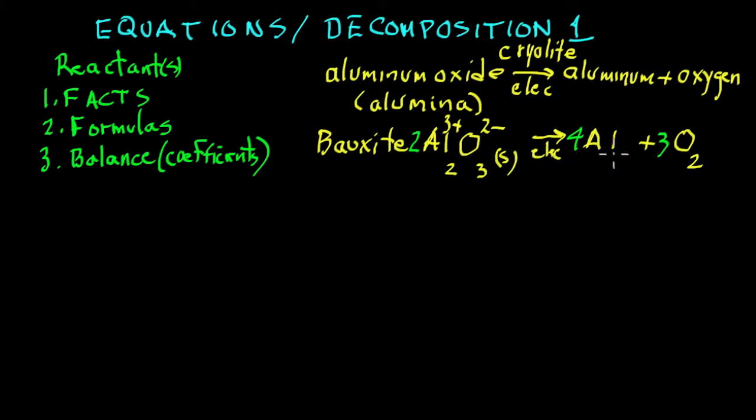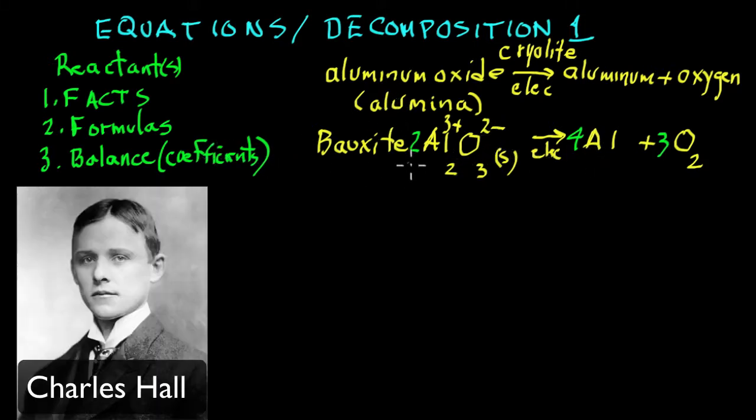Aluminum metal, when it was first produced, was equal in value to things like silver and even gold. Now it's very, very cheap thanks to the Hall-Héroult process. I'm going to put their names down here. Charles Hall, 22 years old, from Oberlin College. Héroult, from France, about 22 years old also.